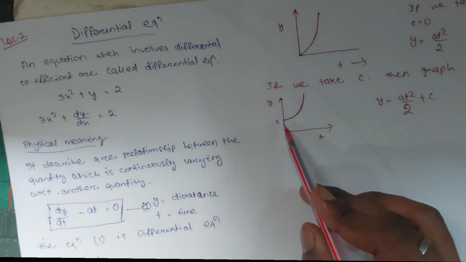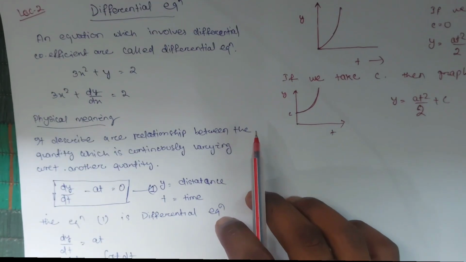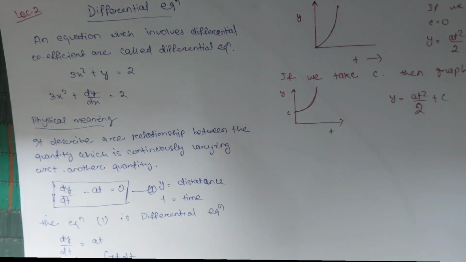The graph is like this, and as we vary the constant, we get different curves, as the solution gives a family of curves.